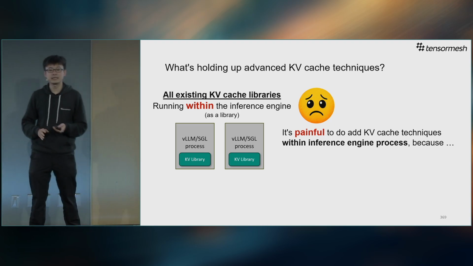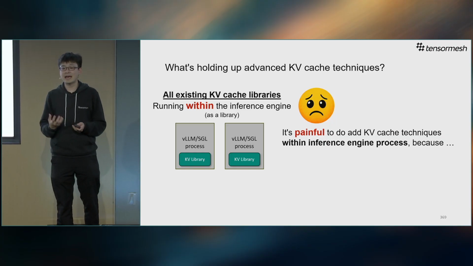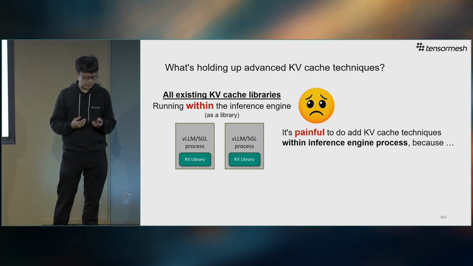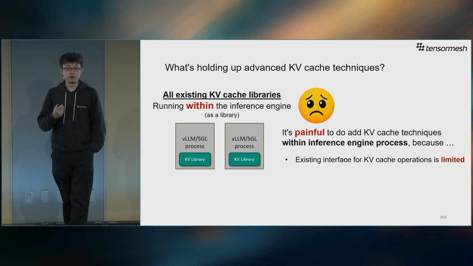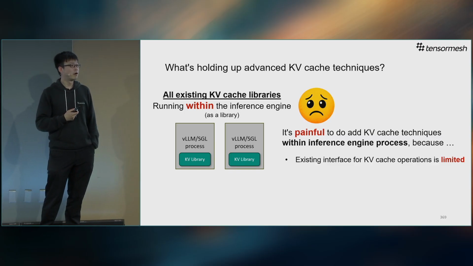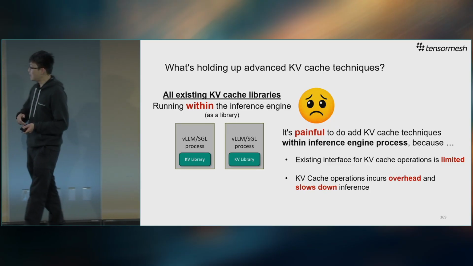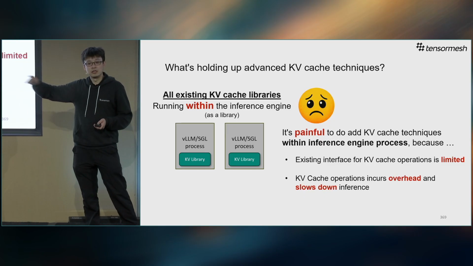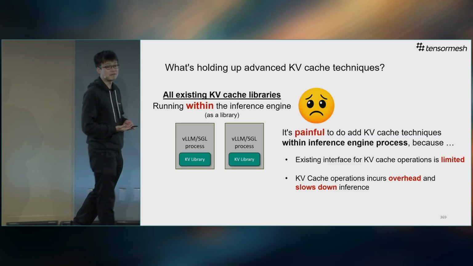It's very hard to do anything interesting with respect to KV cache, such a big data structure, inside the inference engines. For example, they don't support a rich interface for various KV cache operations. And anything you do about KV cache, loading them in and out, will incur significant overhead and slow down the inference.